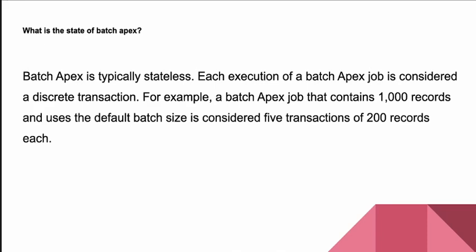So that's how it works. But if we want it to be stateful, then we use Database.Stateful. Right. Yes, it's stateless, and as you said, that's correct, and it's considered a discrete transaction. So every transaction is a separate transaction. Got it. Thank you.